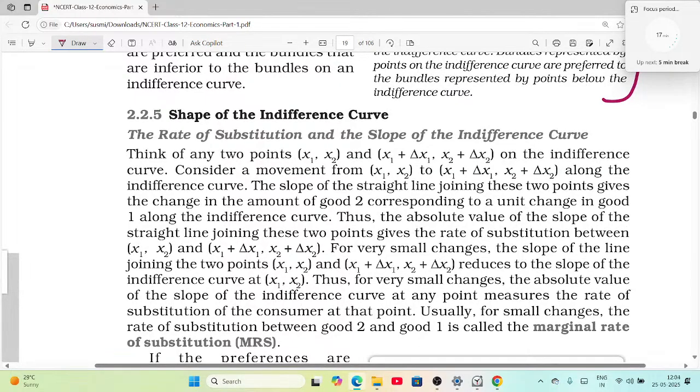Shape of the indifference curve: the rate of substitution and the slope of the indifference curve. The slope of the indifference curve at any point measures the rate of substitution of the consumer at that point.